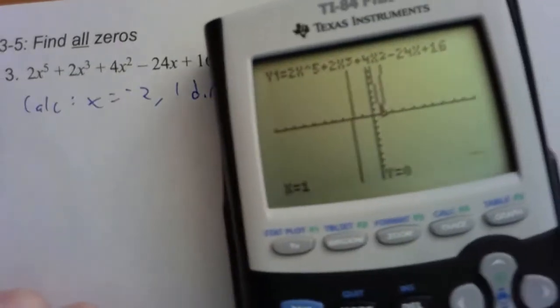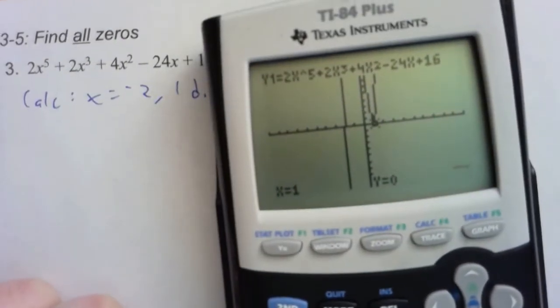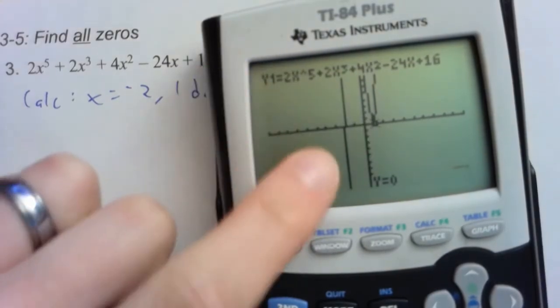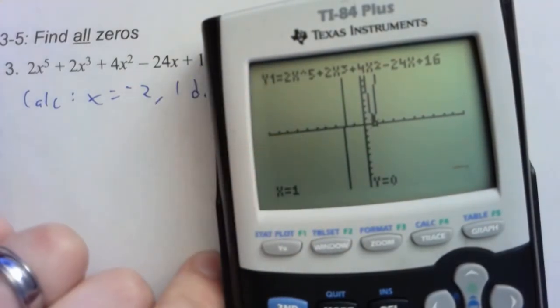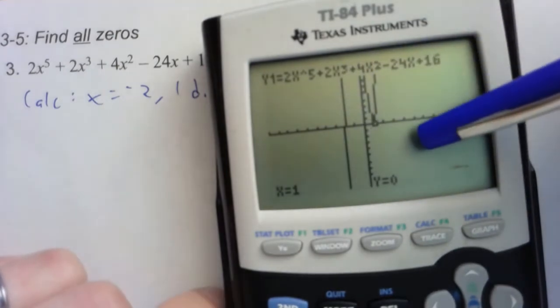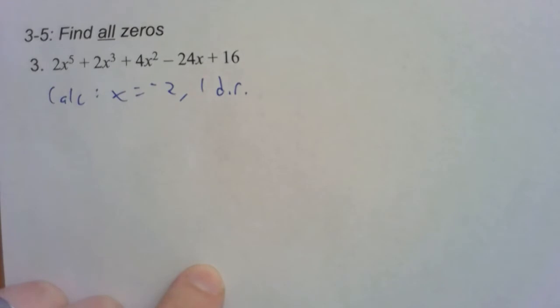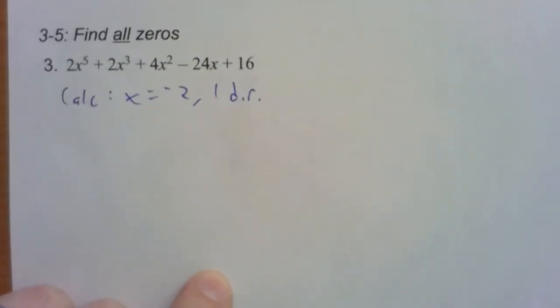So the ones that you're going to see in your calculator on the graph are only going to be real numbers. In graphs, everything is all real numbers. When we talk about x-intercepts, when we talk about asymptotes, anything that is related to a graph is only real numbers. So you're only seeing real numbers right here. But if I want all zeros, what if there are some complex number zeros?